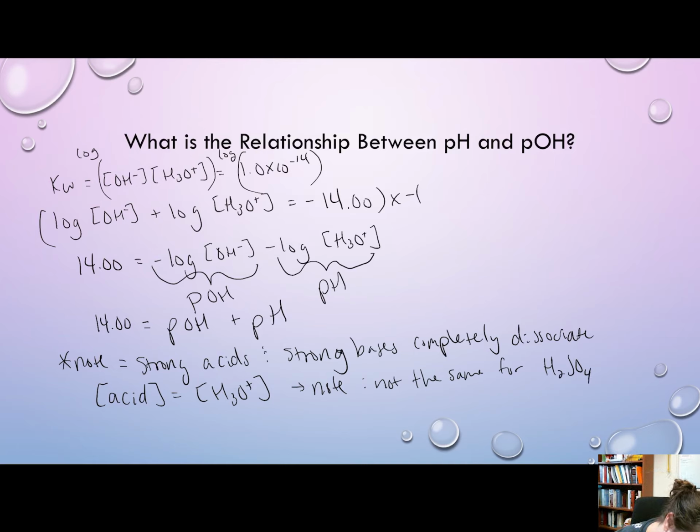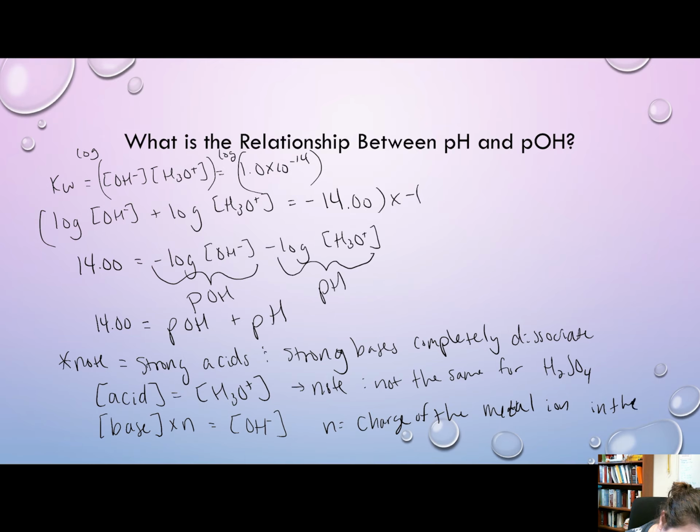Okay, and then our base concentration. If we have our base concentration, and it's a strong base, we can figure out our hydroxide concentration by taking that base concentration and multiplying it by our N value, where N is equal to the charge of the metal ion in the base.